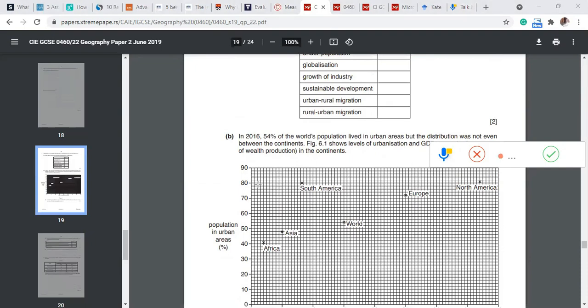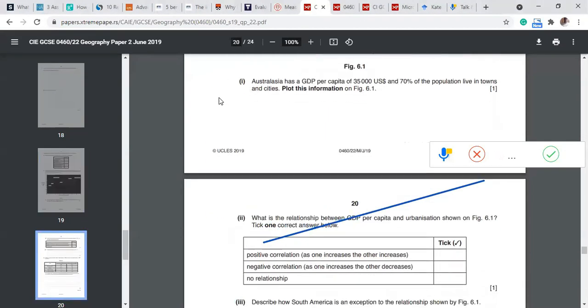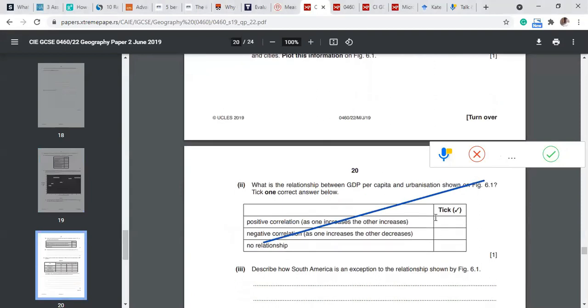Let me just try that. The line of best fit is going like this. And this is a positive correlation. As one increases, the other increases.